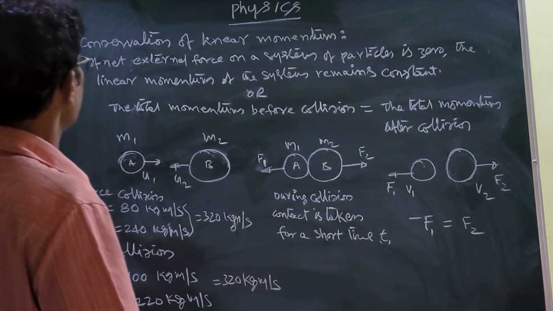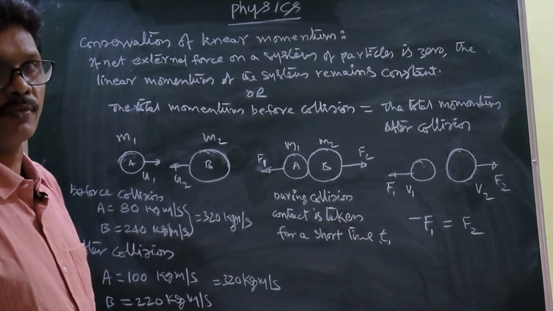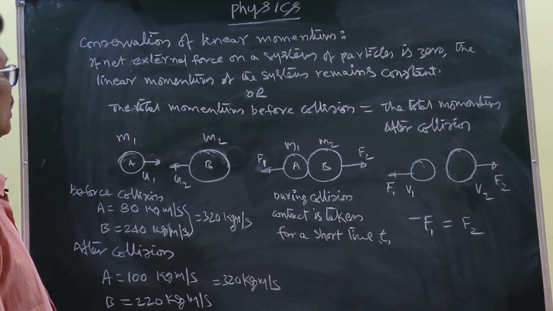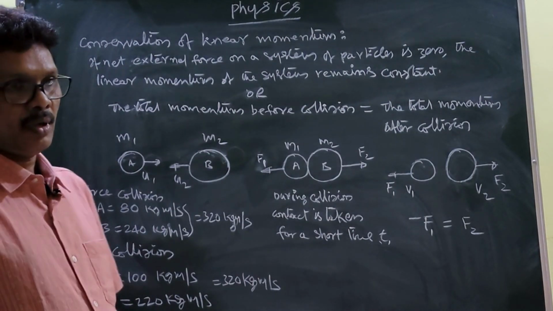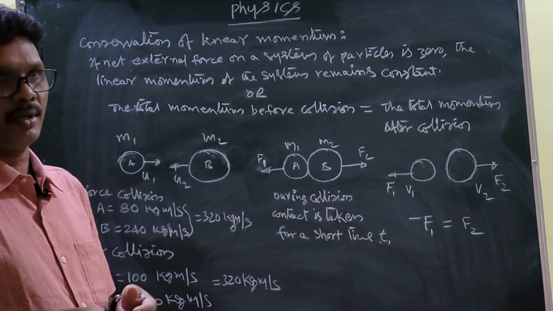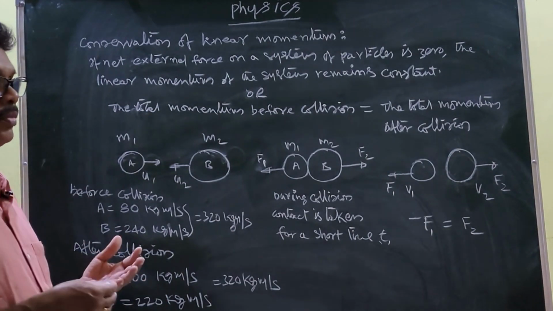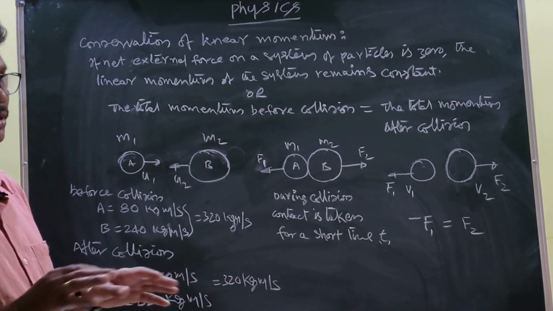Okay students, coming to another concept, conservation of linear momentum. Conservation means matter is neither created nor destroyed, or energy is transformed from one form to another form, but it is not destroyed.